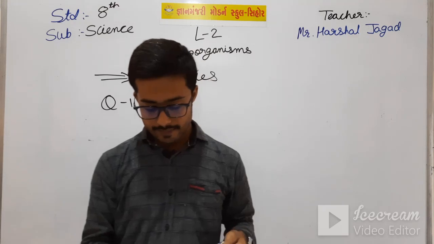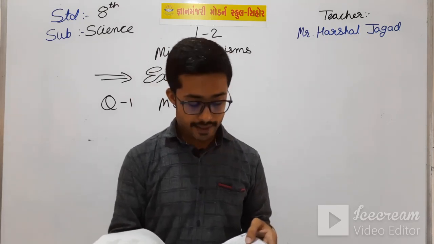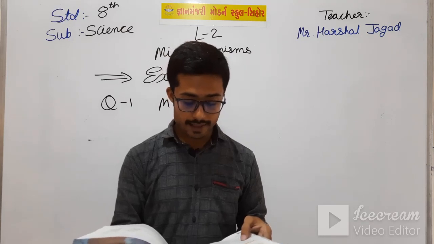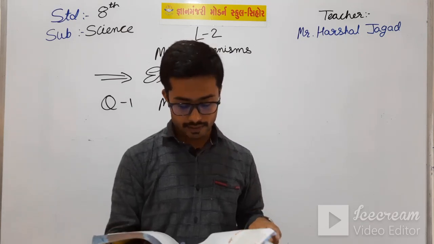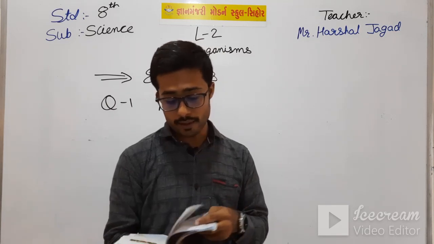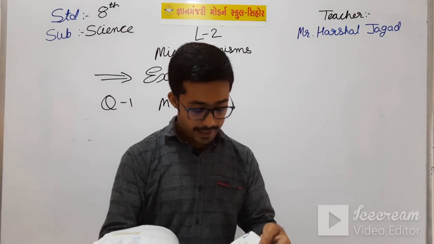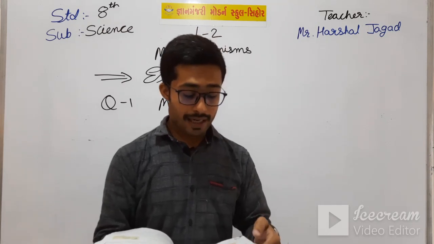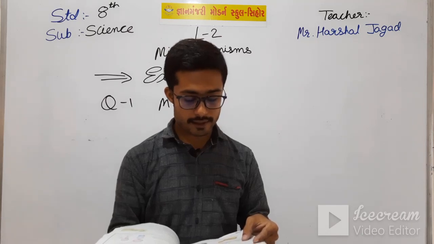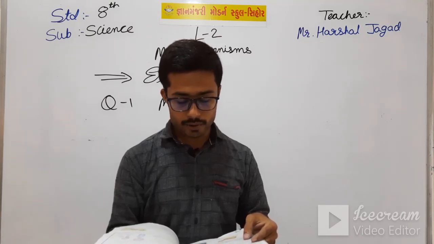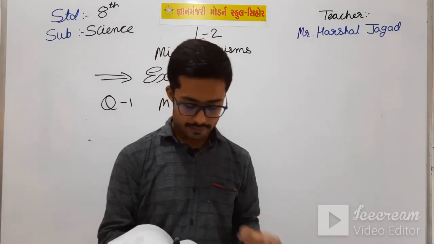The answer is D, both A and C, that is A, lactobacillus, and C, streptococcus. On page number 24, below the activity, it is written that bacteria like lactobacillus and streptococcus are used to manufacture cheese and paneer.